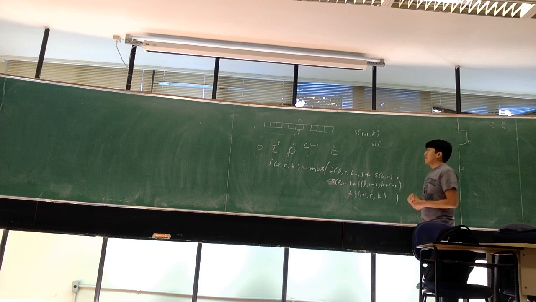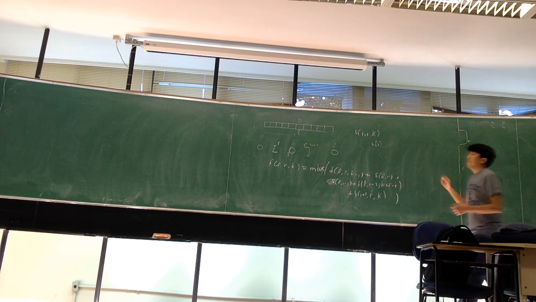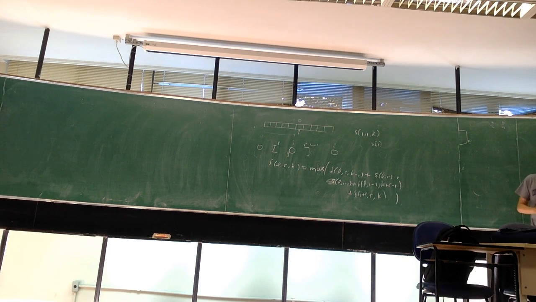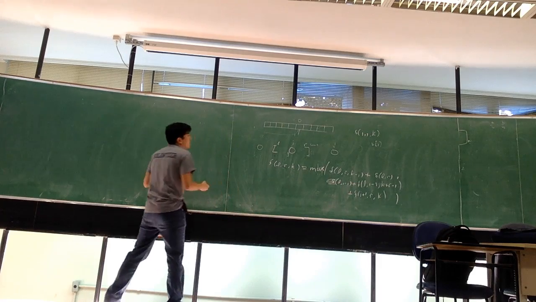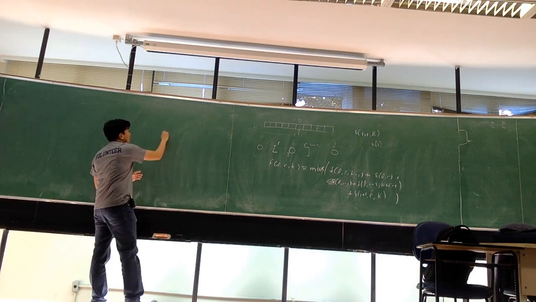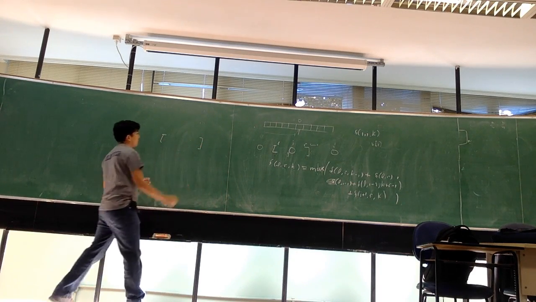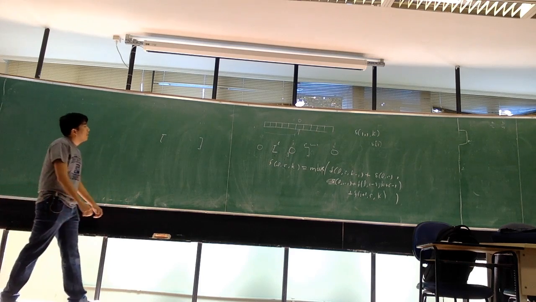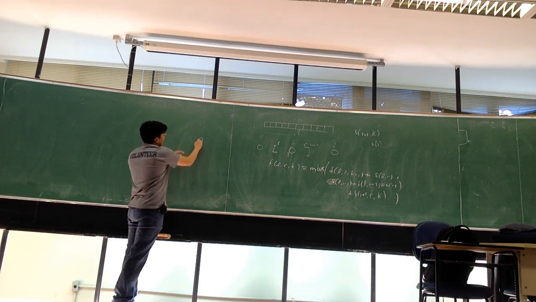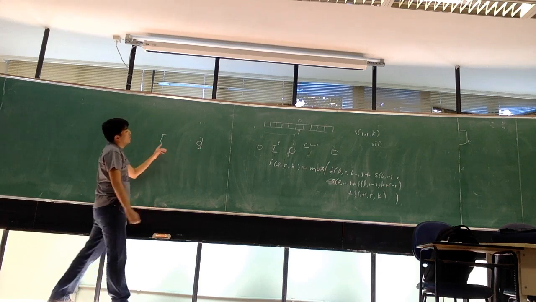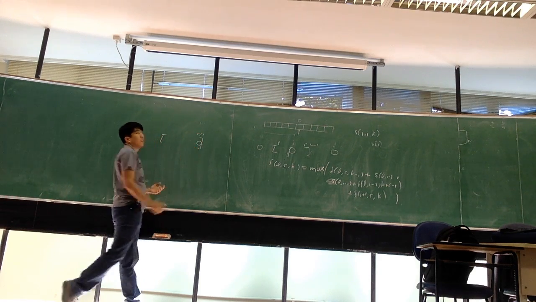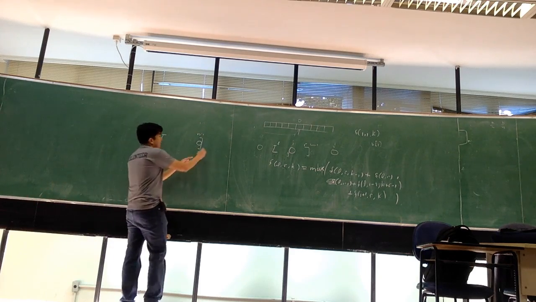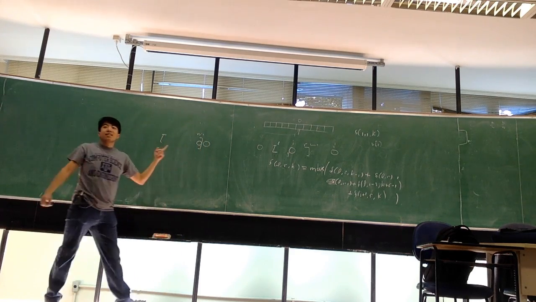So this solves the problem if there are no restrictions on which guy can be taken at any time. But that's actually easy to take care of, because at any moment when I'm looking at an interval, either this guy here is the last element of the array, or this guy here was already taken.